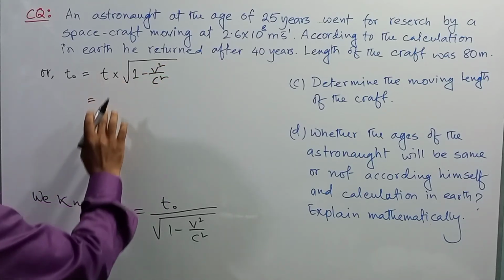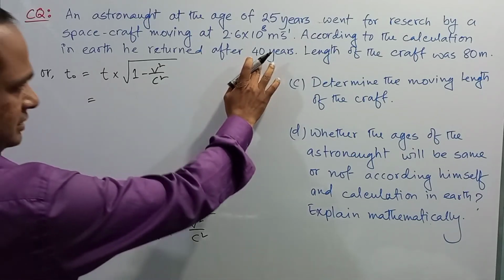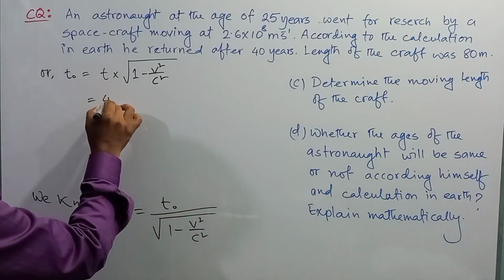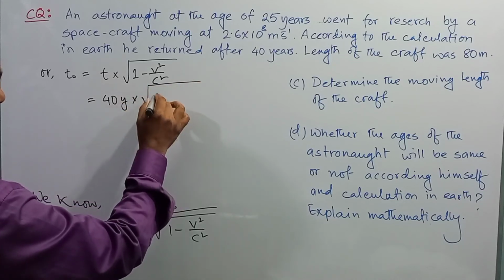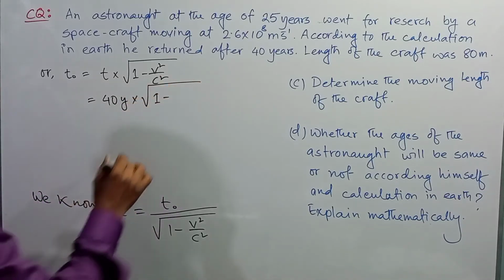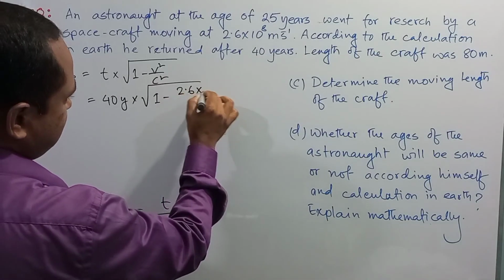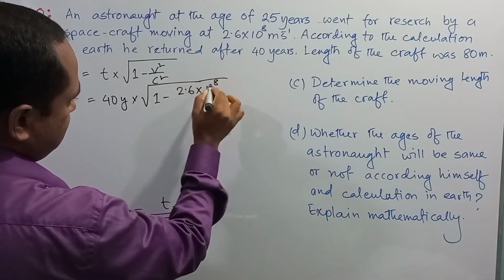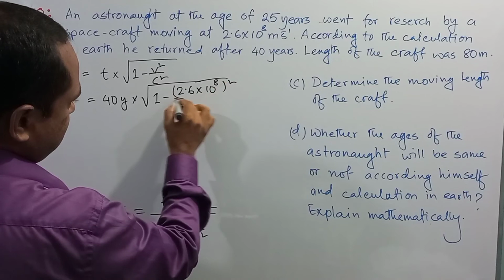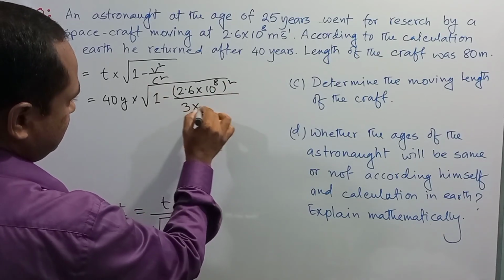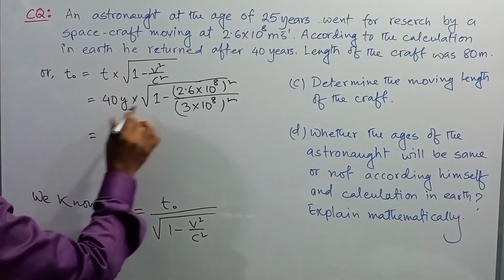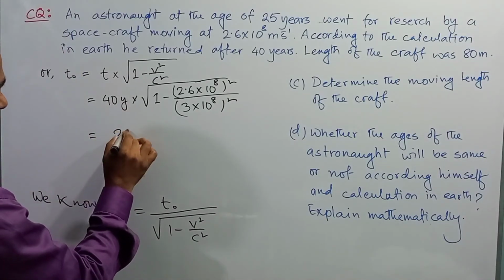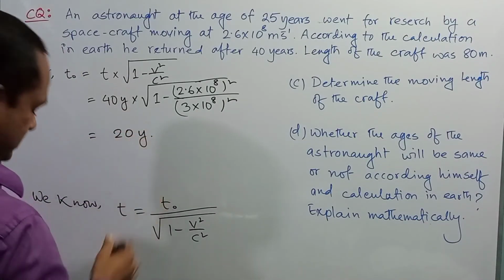You know the value of T, 40 years, multiplied by square root of 1 minus V square, V means 2.6 into 10 to the power 8 squared divided by C, 3 into 10 to the power 8 squared. So dear student, after the calculation you will get almost 20 years.